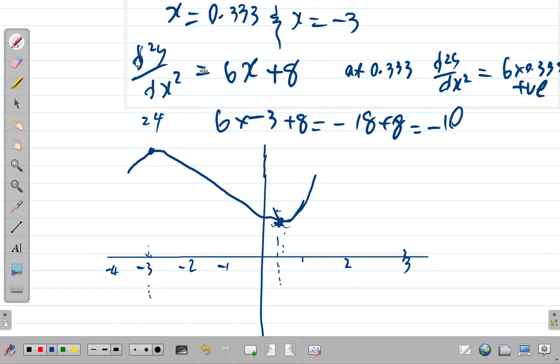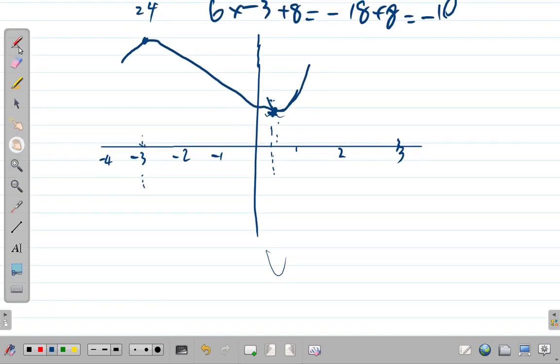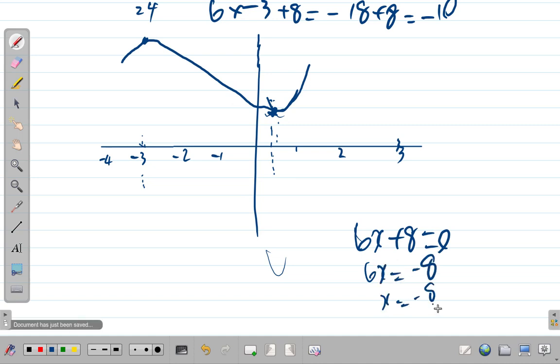When you have 6x plus 8 as a second derivative, 6x plus 8 equals 0 will show you where the point of inflection is. 6x equals negative 8, x will be negative 8 over 6, which will be what?